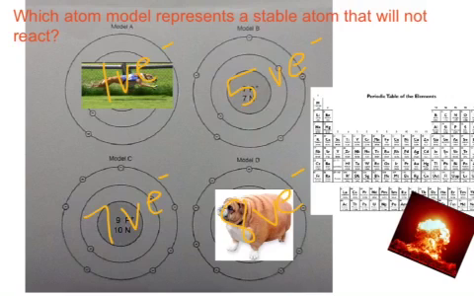And the answer is our fat dog model. The most stable model is going to be model D with 8 valence electrons, because the skinny dog model, the most reactive group, remember, was model A. So the most stable model on these models, A, B, C, and D, is model D.